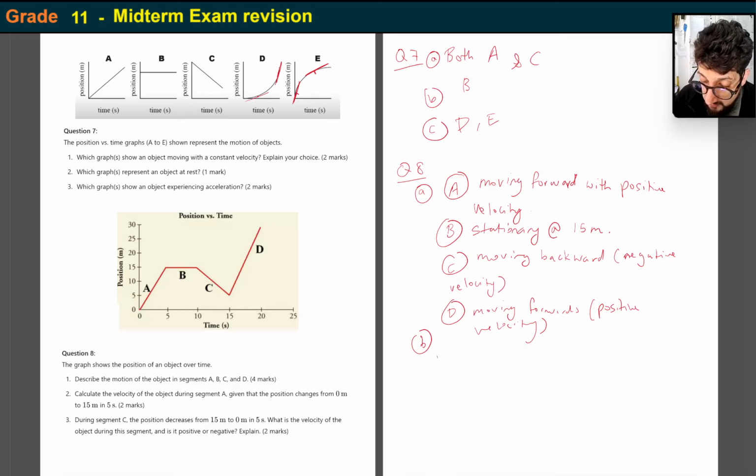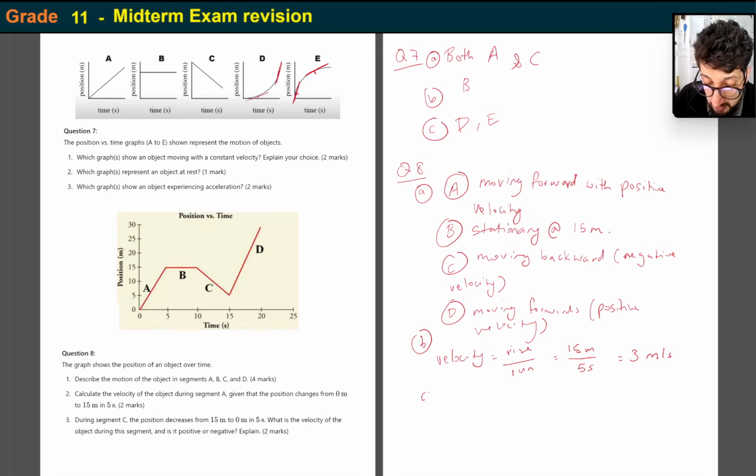So velocity is equal to rise over run, or if you prefer, change in position over time, which is what we have here, distance over time. So it's going to be 15 meters divided by 5 seconds, which equals 3 meters per second. Okay.